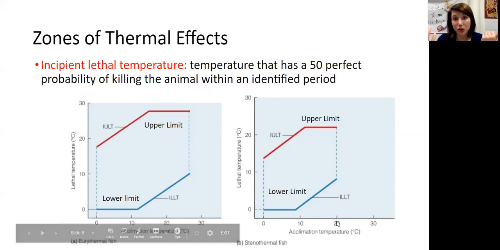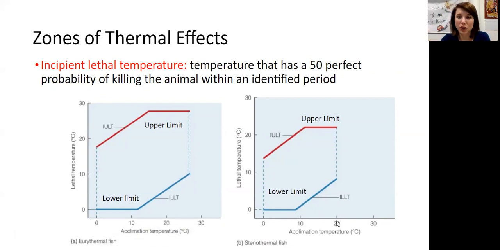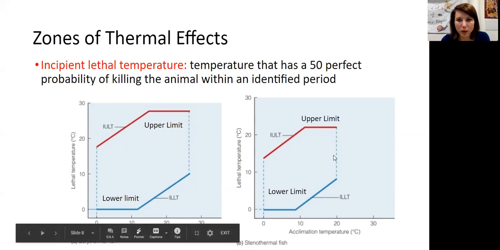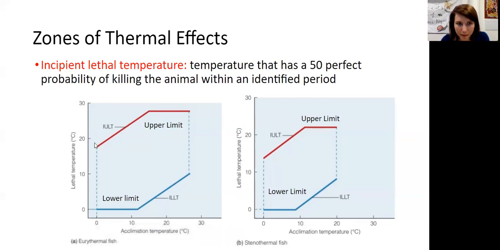So that's a 6-degree difference. That's pretty substantial when we're talking about survival. And you see the similar pattern too when we look at the upper limit, where I don't know, we could call this 28 degrees with an upper limit on our eurythermal fish, and we're only hitting a little bit above 20 with the stenothermal fish. So that's how you'll see those patterns shift based on their tolerance to different heat environments.